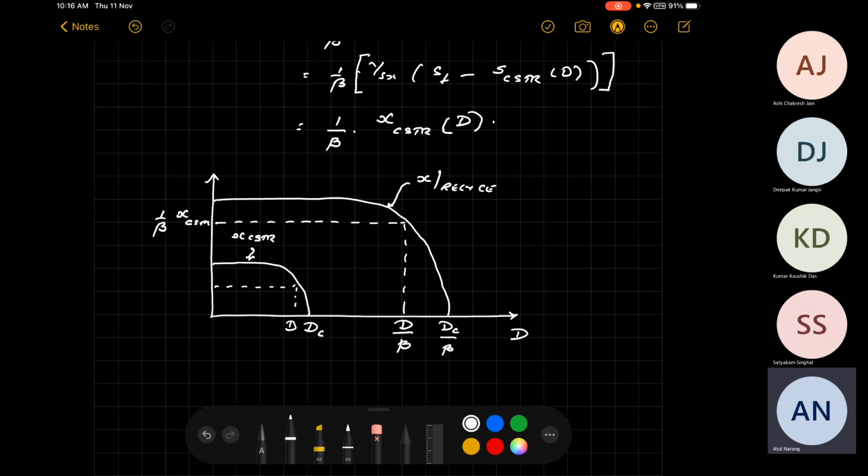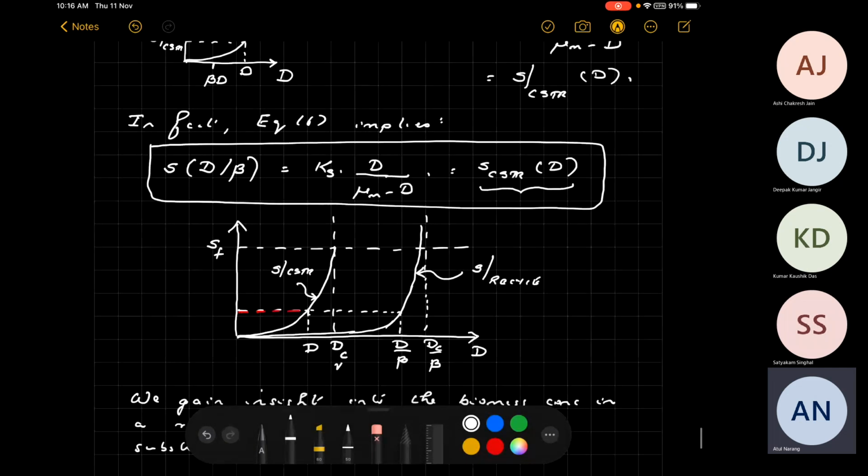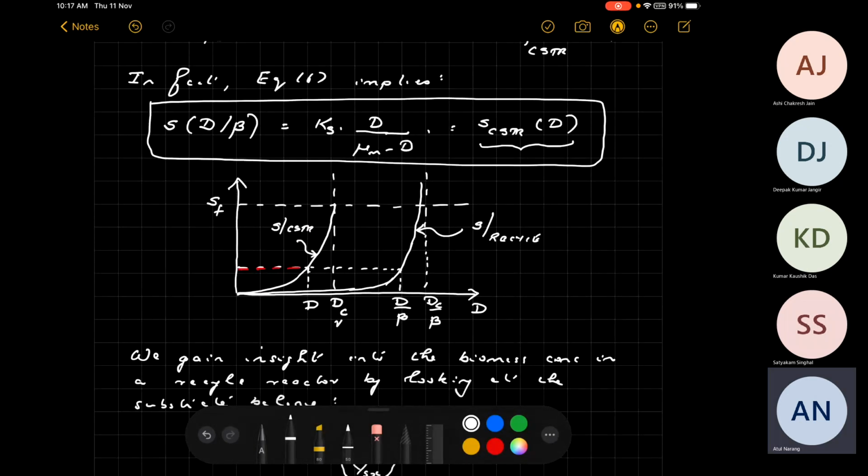As you push to the right hand side, notice the difference. In the case of substrate concentrations, we found that if we moved from D to D over beta, we got the same concentrations in the CSTR and the recycle.